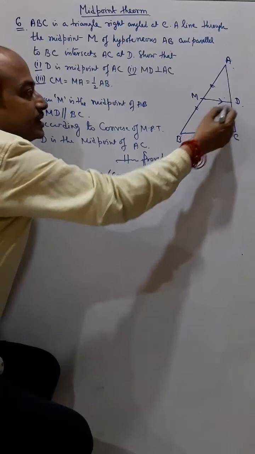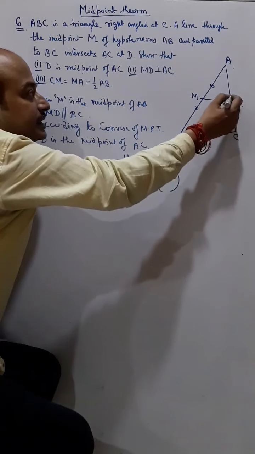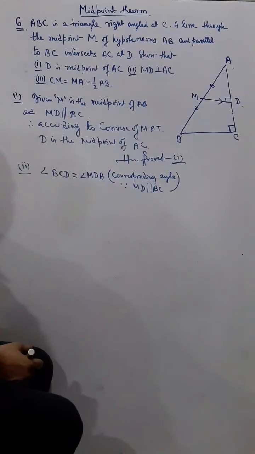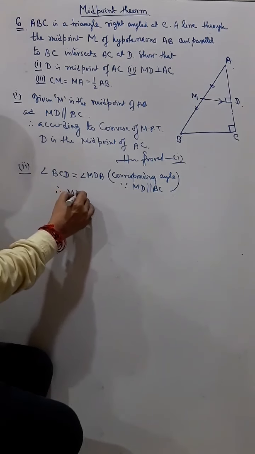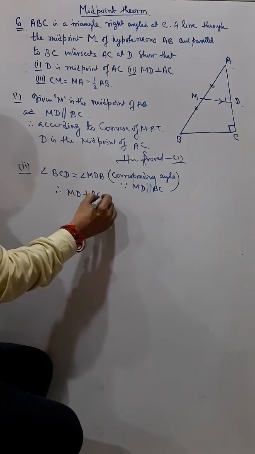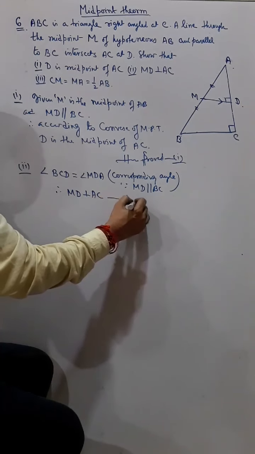If this is 90, then this is 90, right? Hence we can simply say that MD is perpendicular to AC. So this is hence proved, number 2.